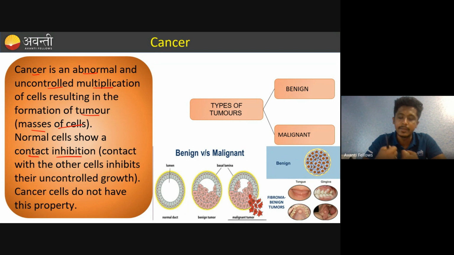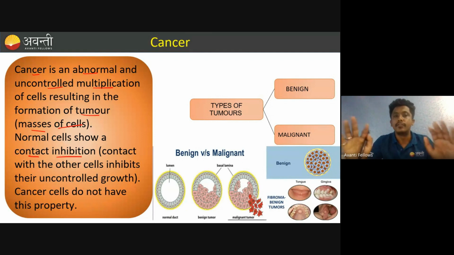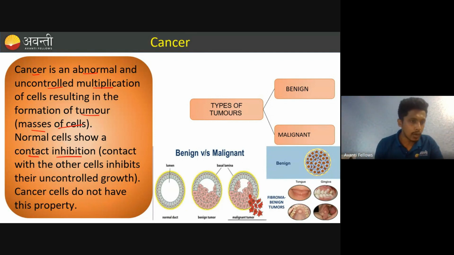They sense their neighboring cells coming in contact with each other, where they communicate with each other and come to a conclusion that we have reached this much of communication or bridge. That means it is the time to stop our cell division. That is called contact inhibition. When they come in contact, their touch itself is a communication to stop cell division. So that is shown in the normal cells.